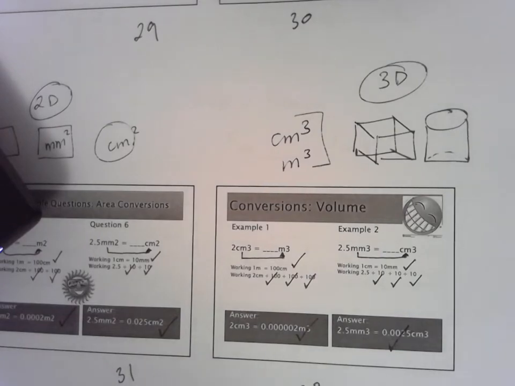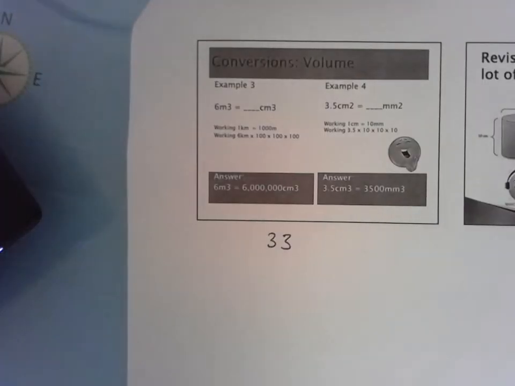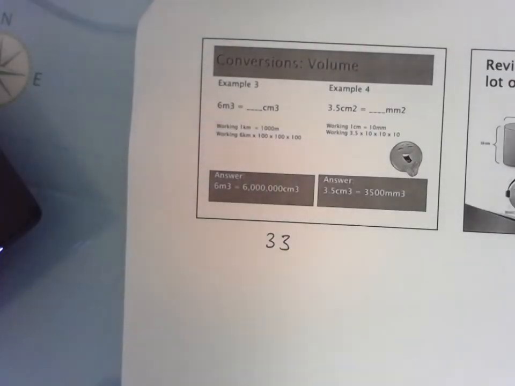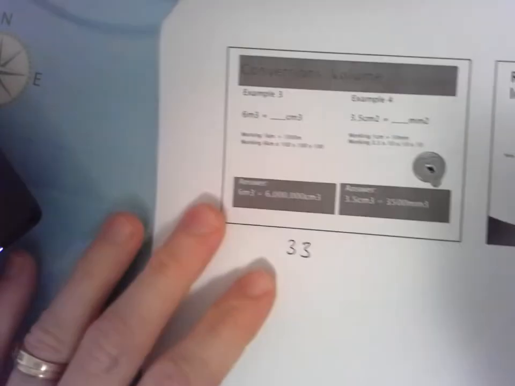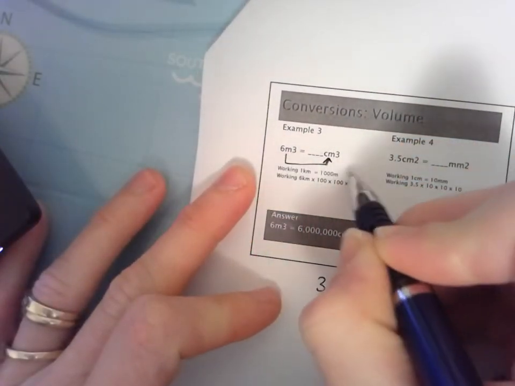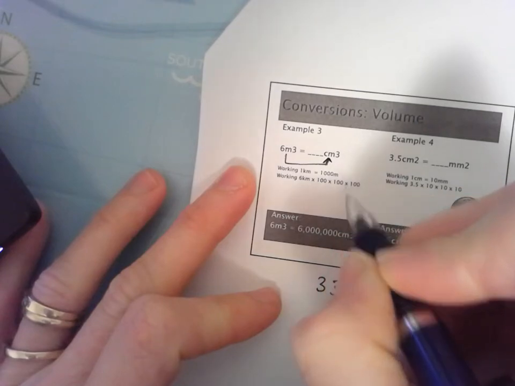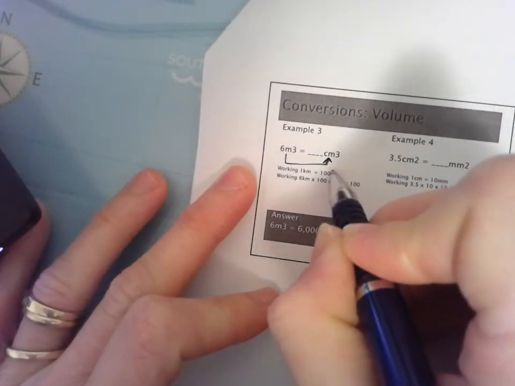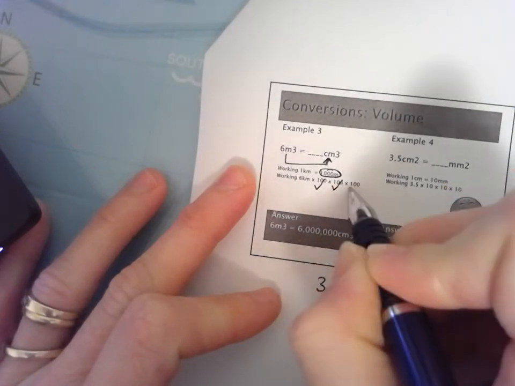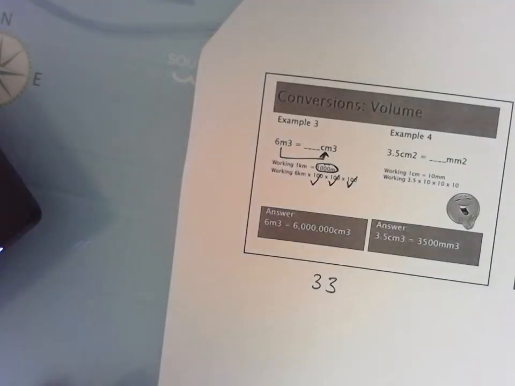Okay, alright. Last couple, I'll just do number 33 because slides 34 and 35 are full revision questions that I'll do separately. Meters to centimeters, my magic number. Ooh, okay, there's a little mistake there, a typo, but you can see I've actually multiplied it by 100 3 times, but let's just double check.